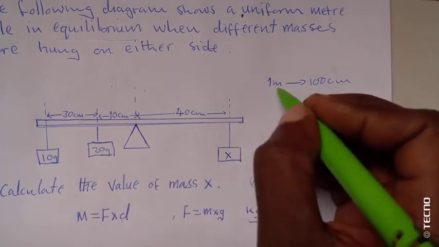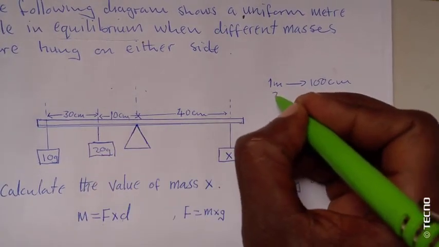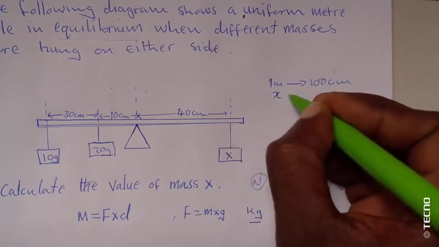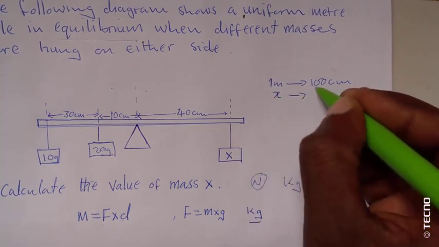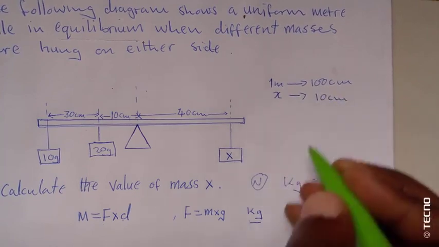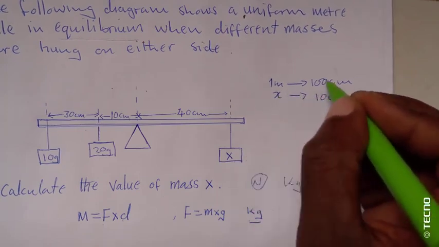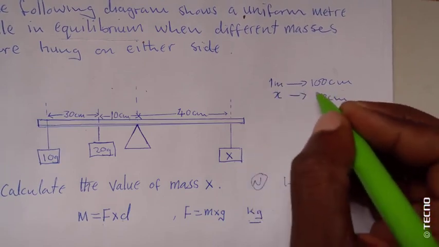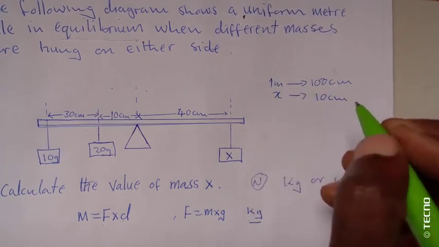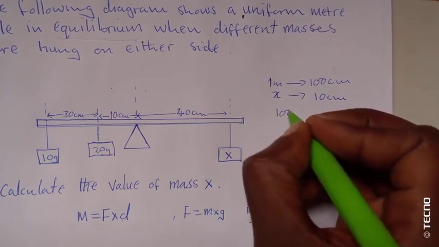What have we been given? Centimeters. So x meter is equivalent to 10 centimeters. Whatever you are going to do, you multiply this and this and that. This and this, you are going to have 10. This and this, you are going to have 100.